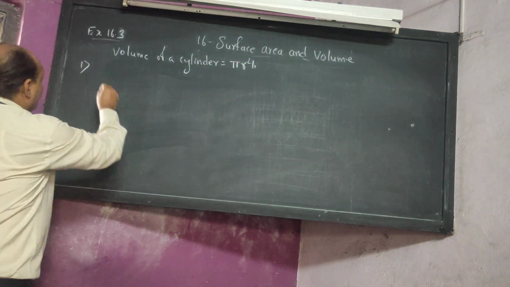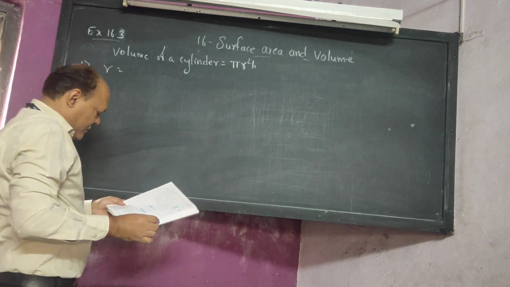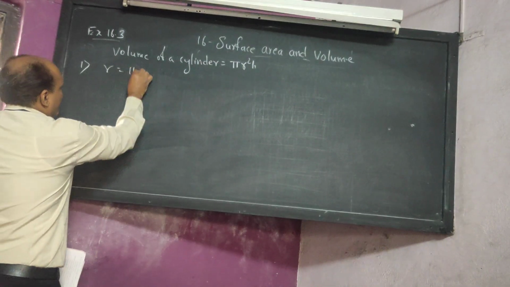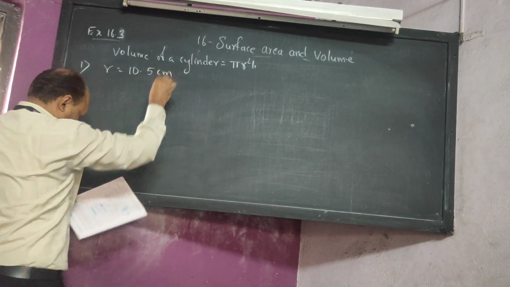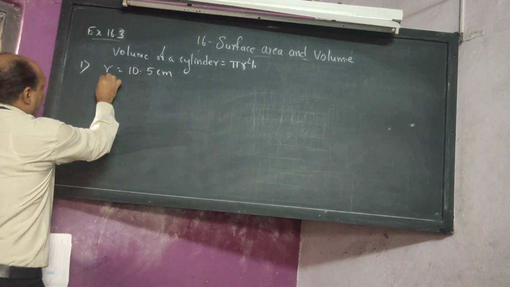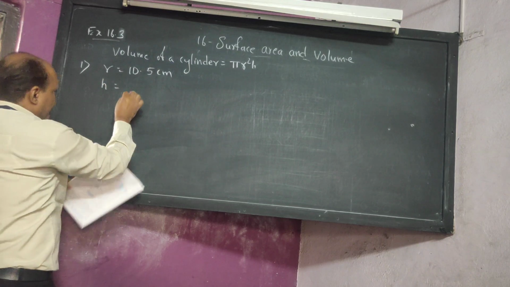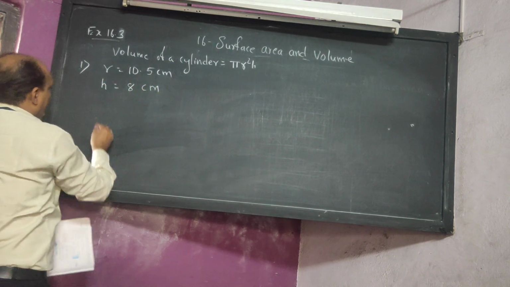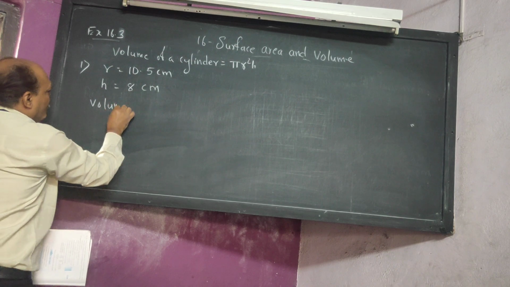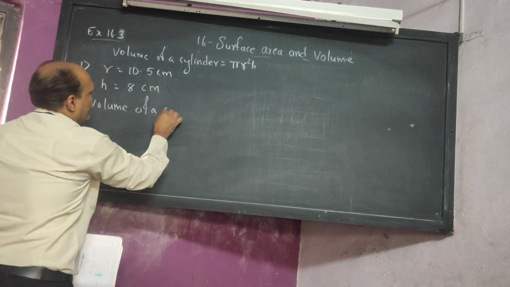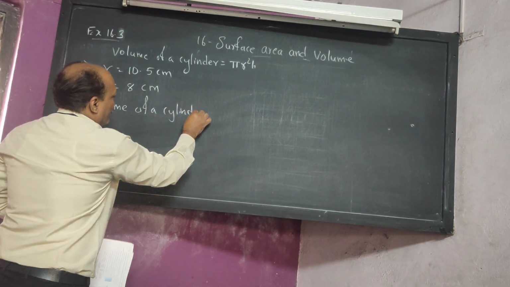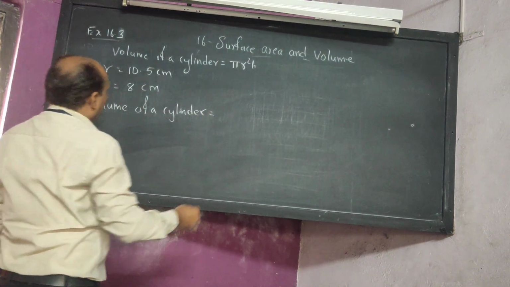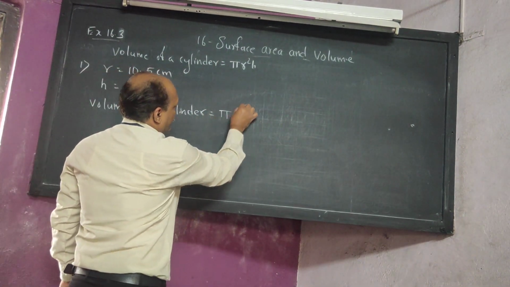The radius is given to you, written as a short r, that is 10.5 centimeter. Height is given to you, 8 centimeter. We have to find the volume of a cylinder. The formula is pi r square h.